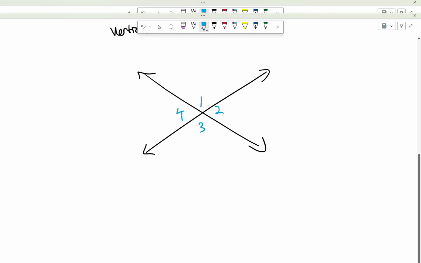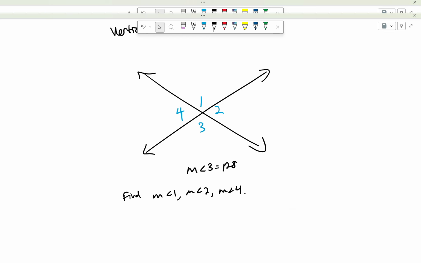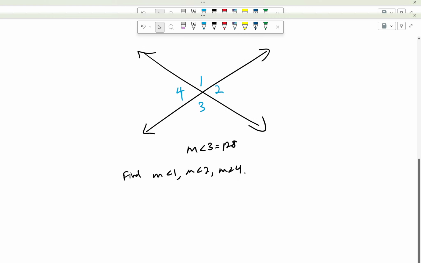Ooh, that's the wildest looking number 4. Here we go. I'm also going to give you that the measure of angle 3 is equal to 128 degrees. And what you're going to have to find here is the measure of angles 1, 2, and 4. Okay? So it's a pretty straightforward problem from a problem-solving standpoint.